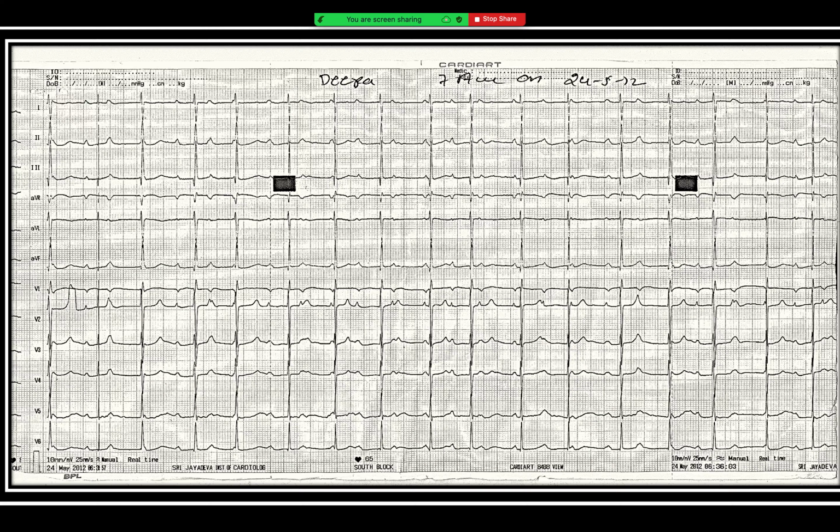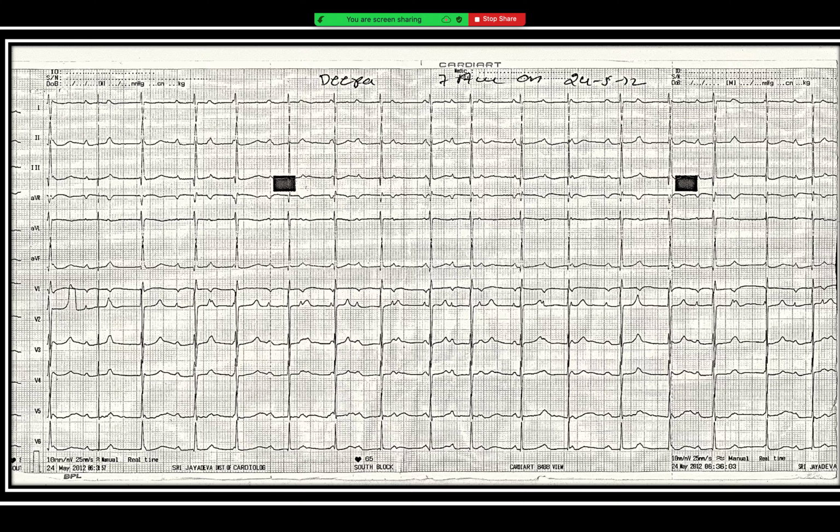You notice the P waves and QRS complexes are not correlated. But how's the QRS? It is narrow. In the left precordial leads, there are tall R waves. Newborn with such an ECG. So, complete heart block, congenital complete heart block.